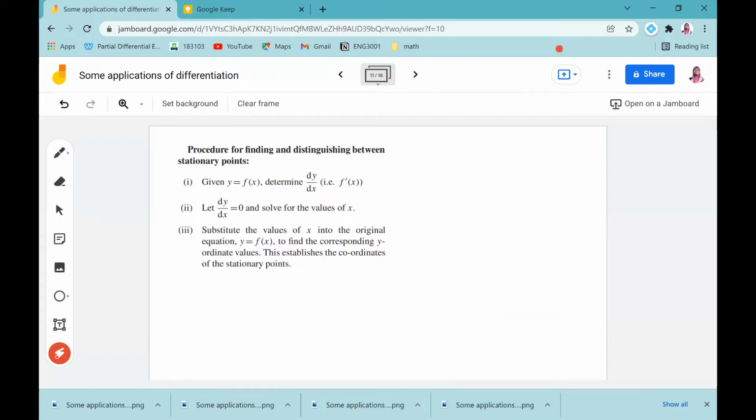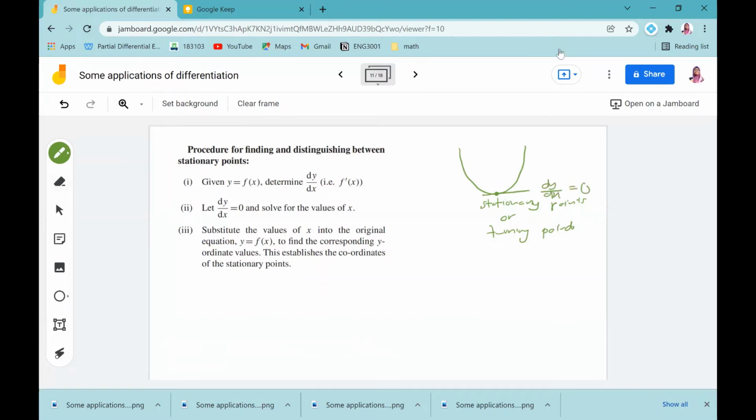Now we know that at stationary points or turning points, dy/dx here is equal to 0.